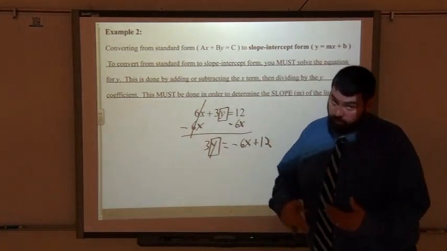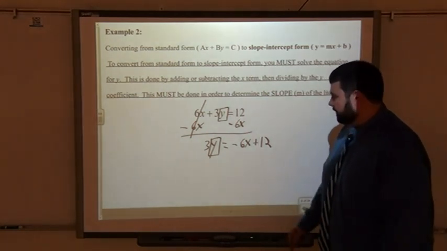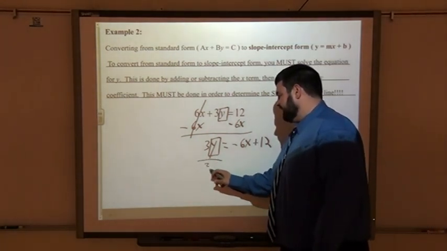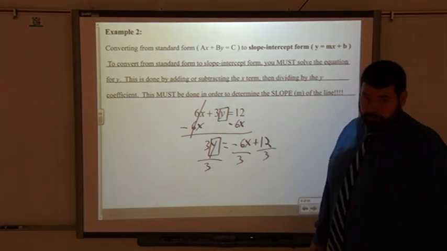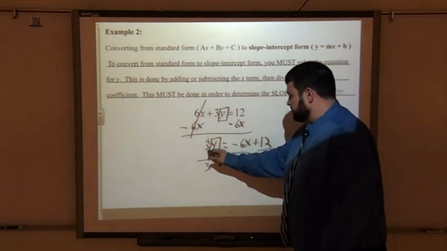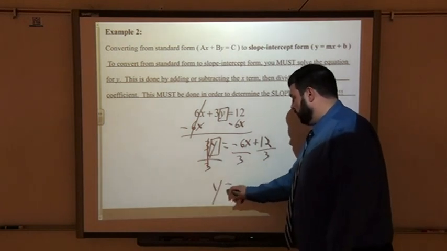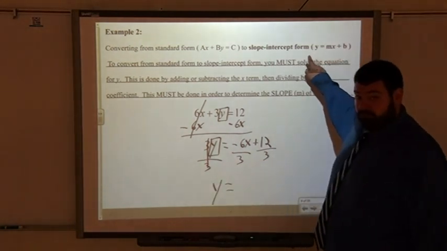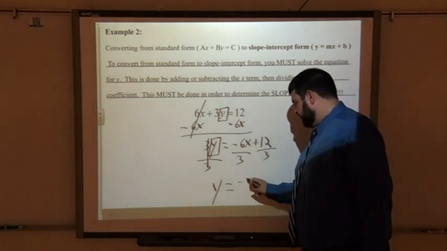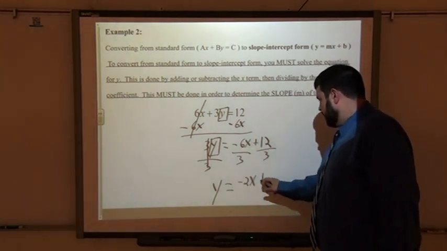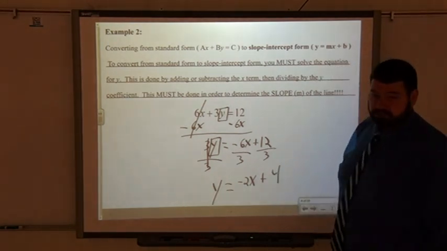Or if there's a fraction, we would multiply, but this time I have a whole number. Now when I divide, I need to divide every single thing by that 3. So these 3s cancel out, and I'm left with the plain old y, which is what I want for slope-intercept form. Negative 6 divided by 3 is a negative 2x, and 12 divided by 3 is a 4.